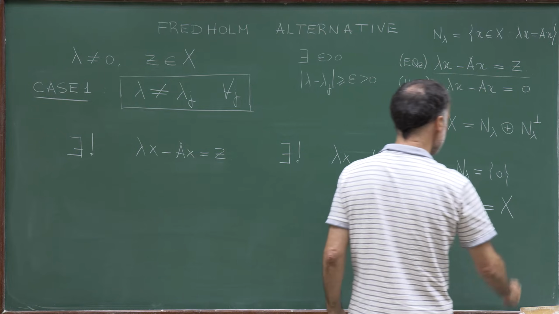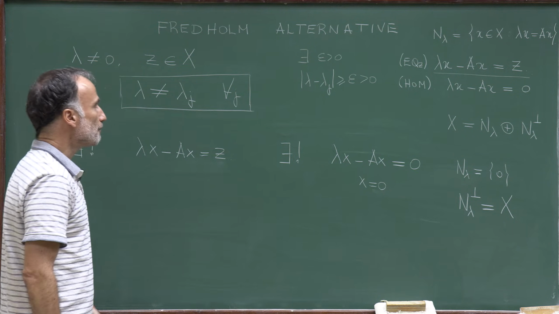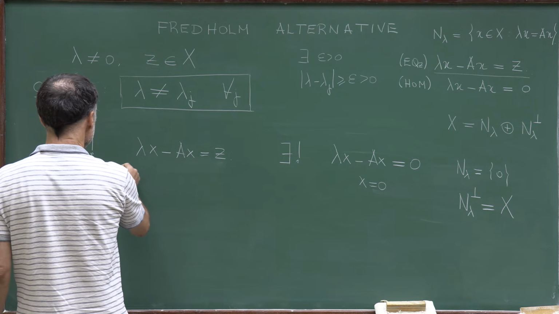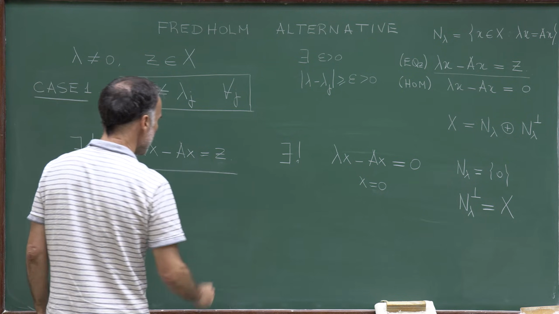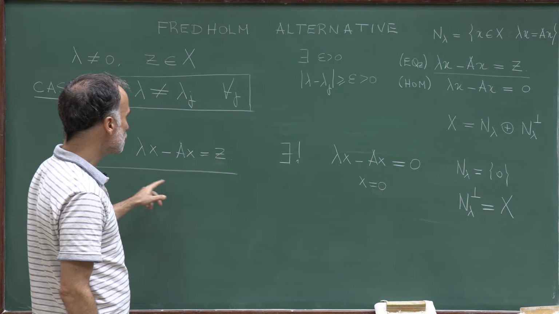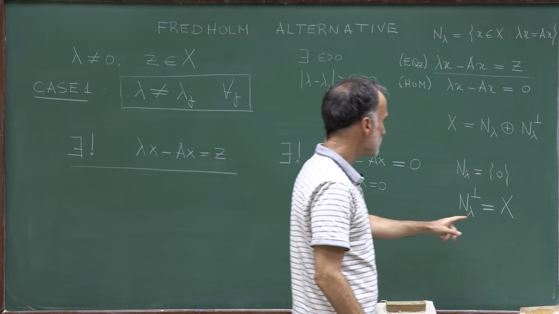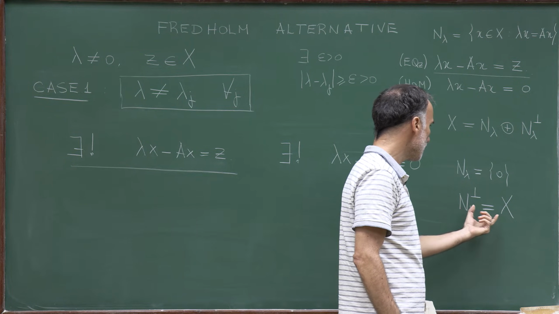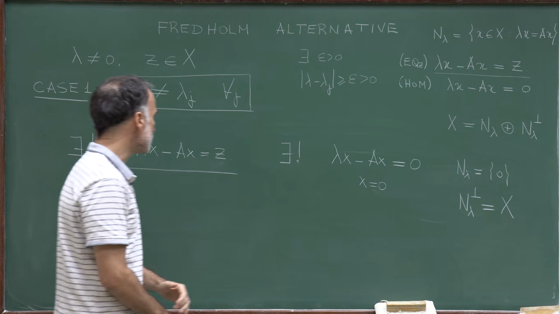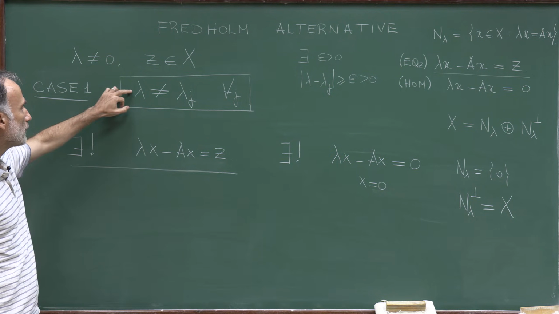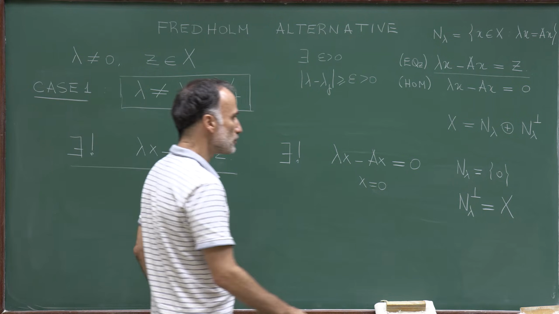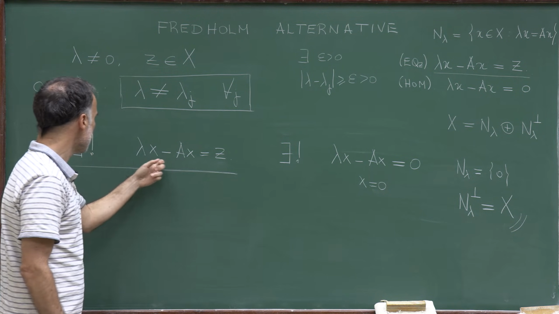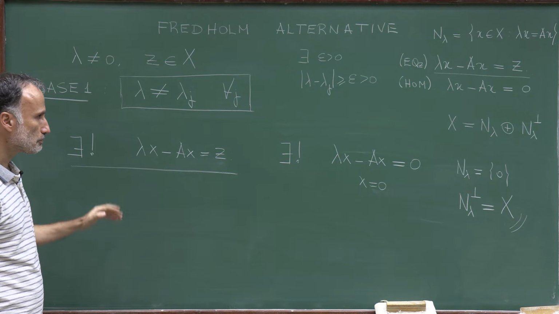so that N_lambda, the null space of the operator lambda minus A, is 0, and therefore that N_lambda perpendicular is equal to X. And so the theorem was saying that this equation has a unique solution if and only if z belongs to the orthogonal space of N_lambda. Well, this is true because under this assumption, the orthogonal space is the whole space, and this equation always has a unique solution.